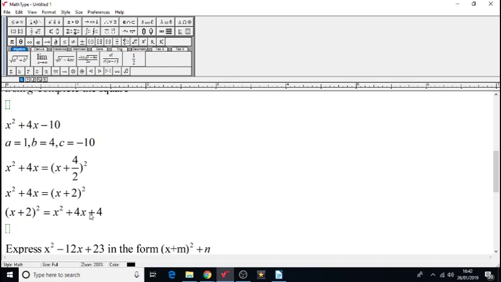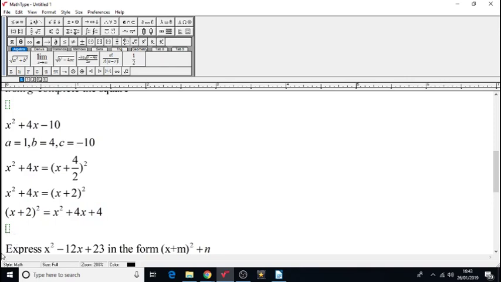Because we need to get the initial bracket, which is x plus 2 squared, to match x squared plus 4x. So because we have on the right side x squared plus 4x plus 4, to get this to match x squared plus 4x only, we minus 4 here. So we bring it over to the left side.